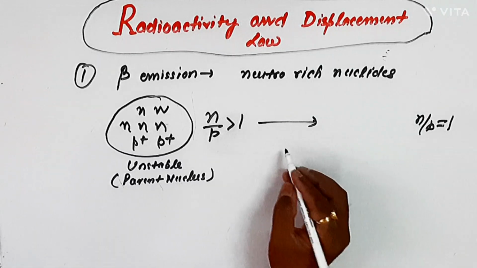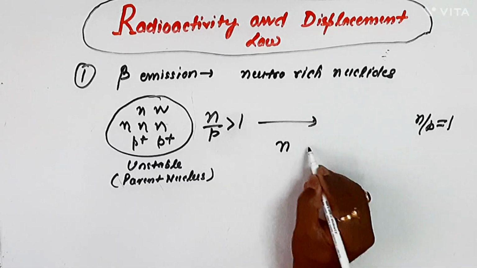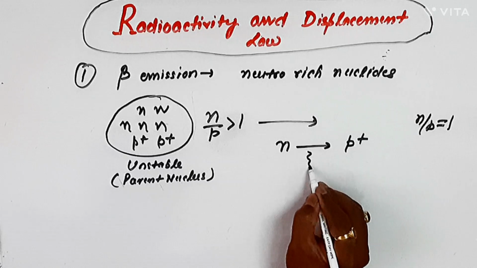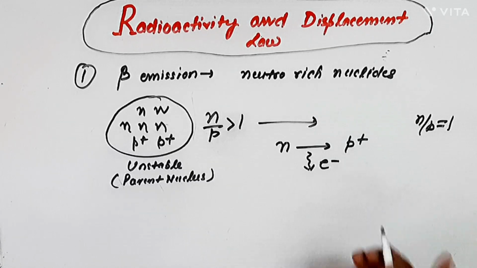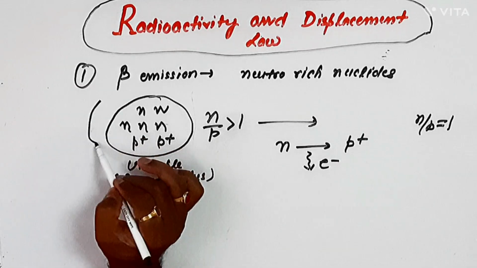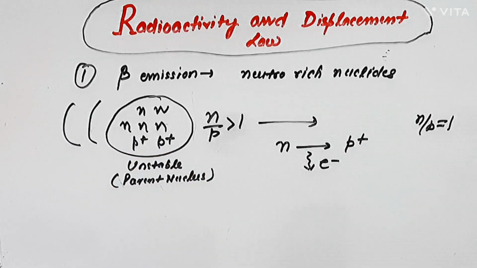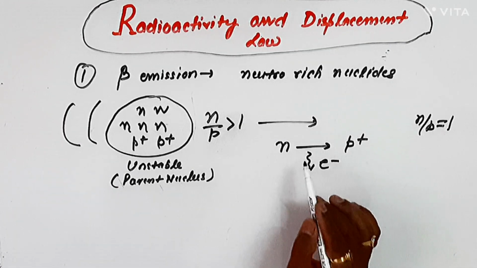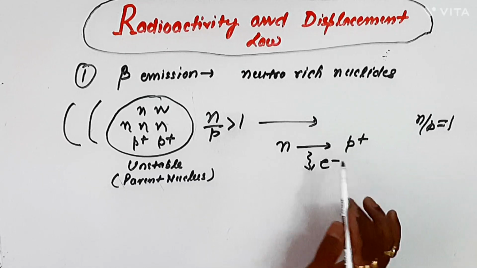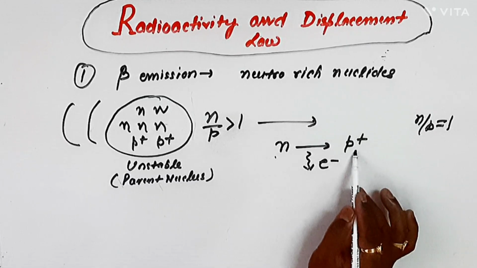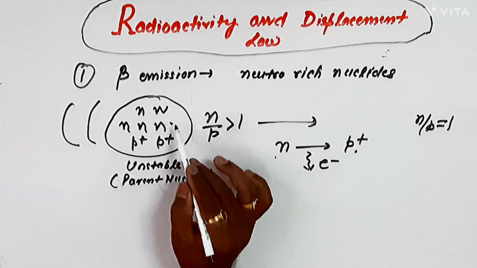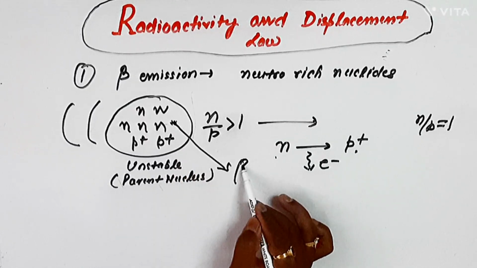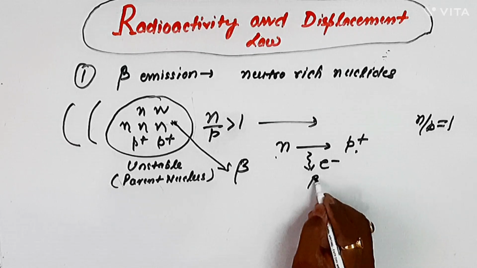So in this process, it picks up one neutron and converts it into a proton, and one electron is generated inside the nucleus. It is not in the orbit around. These orbital electrons are different. They are the structure of the atom. But here, due to adjustment of nucleons, the nucleus converts one neutron into one proton, and one electron is generated in the nucleus, and if it has some kinetic energy, it will come out of the nucleus, and that we know as a beta particle.